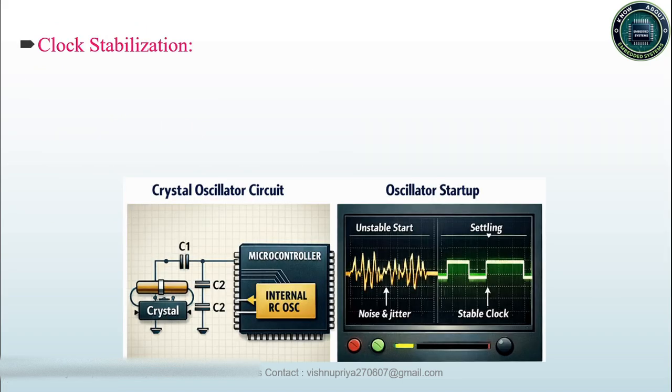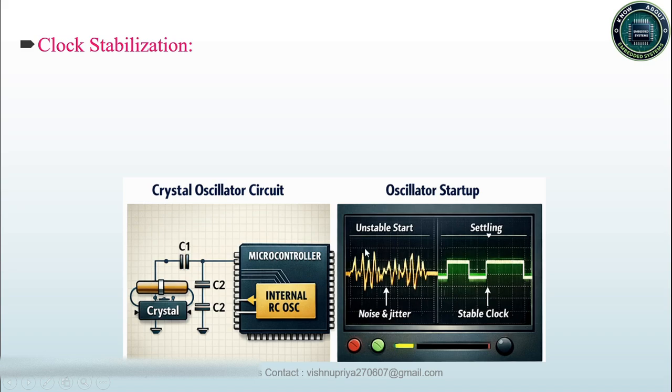Under power on reset there is also clock stabilization. What do you mean by clock stabilization? Since we are using a microcontroller, it is supplied with a clock from either an internal RC oscillator, an external RC oscillator, or an external crystal oscillator. This clock should be stabilized, which means the processor will wait until the clock is stabilized.